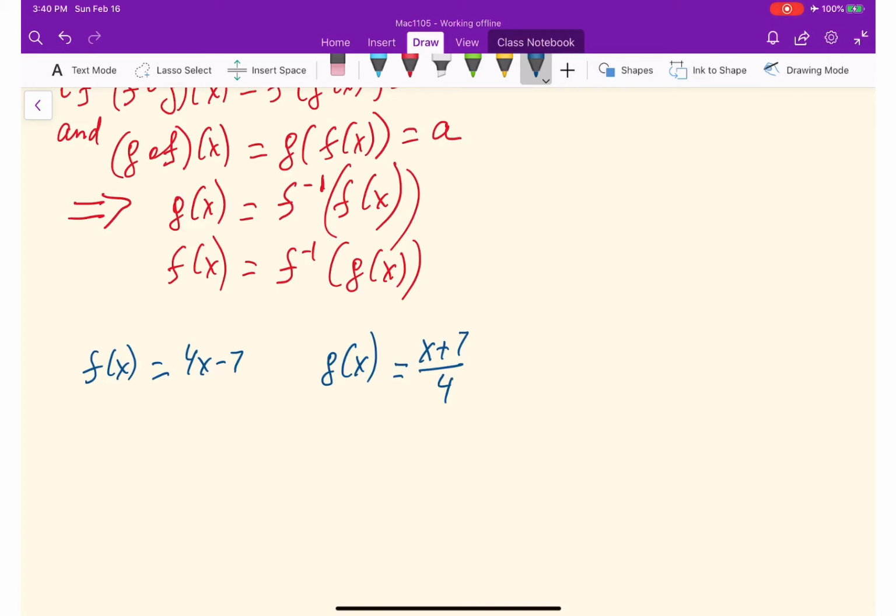So let's take first f composite with g of x, and then we will take g composite with f of x.